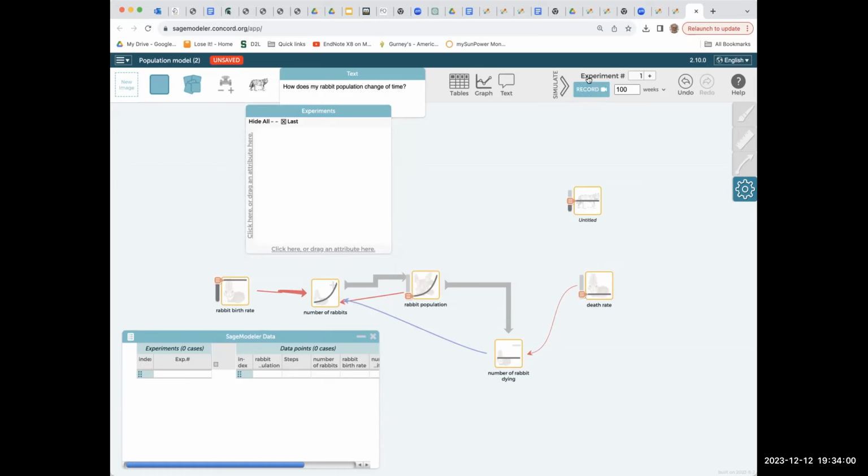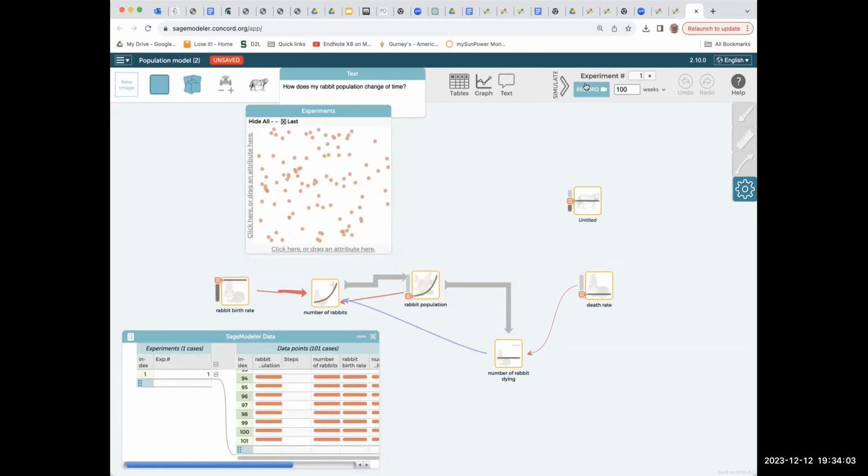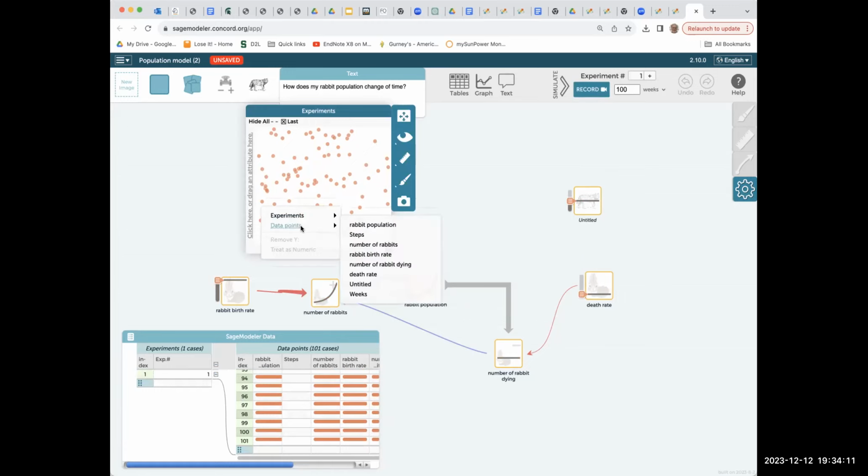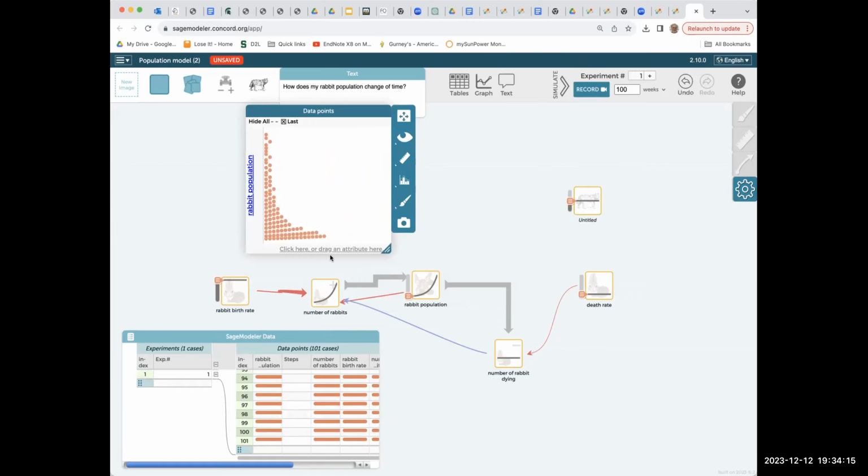And then let's just collect some data and see what that data looks like if I plot it on a full graph. So on my y-axis, again, I'm always going to pick my dependent variable, which is my rabbit population. And on my x-axis, it's going to be time.